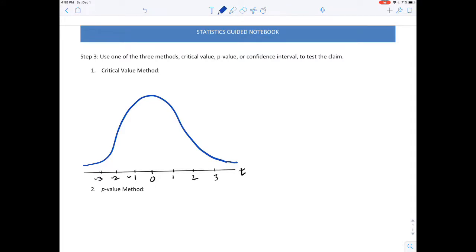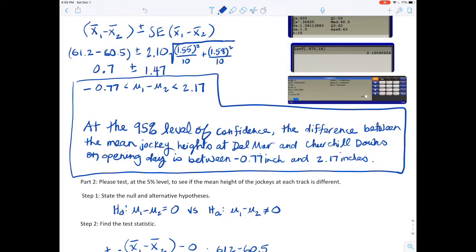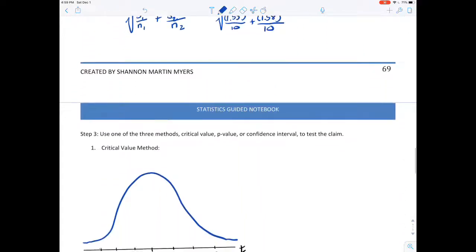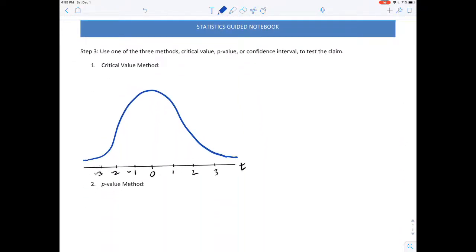Okay, so your boundary values here, we had found the T star, remember, for your confidence interval. Sorry, I never quite finished this one. We wrote it down here, but I didn't finish it. That was 2.10. Okay. So we have a two-tailed test here. 2.10 for our boundary values is going to be around here, and -2.10 would be on the other side.